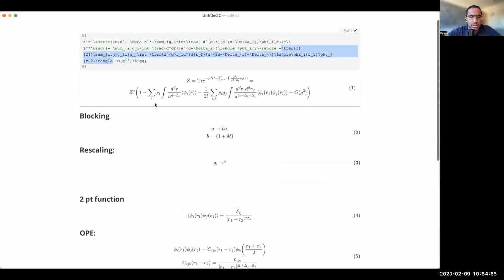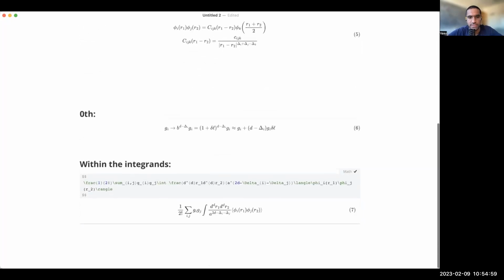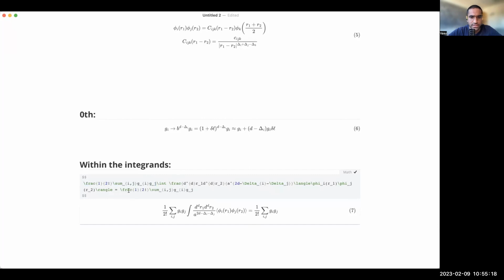And here, this is basically going to utilize the fact that even though we're writing these as continuum expressions, we imagine that there's really some sort of hardcore repulsion between these operator insertions set by the lattice. So in order to see that, what we're going to do is split this integral up, right? So instead of writing it in terms of R1 and R2, we can write it in terms of, well, the following.